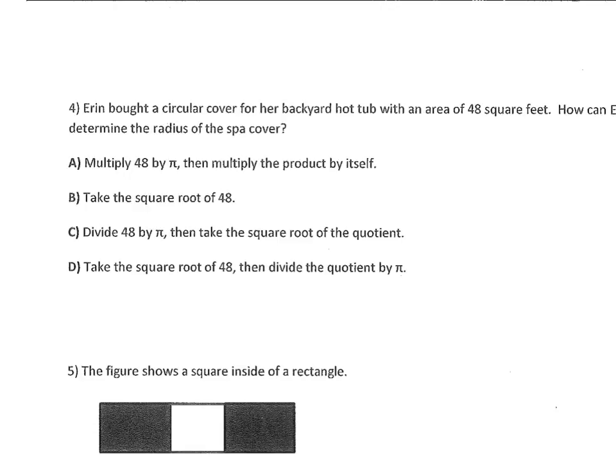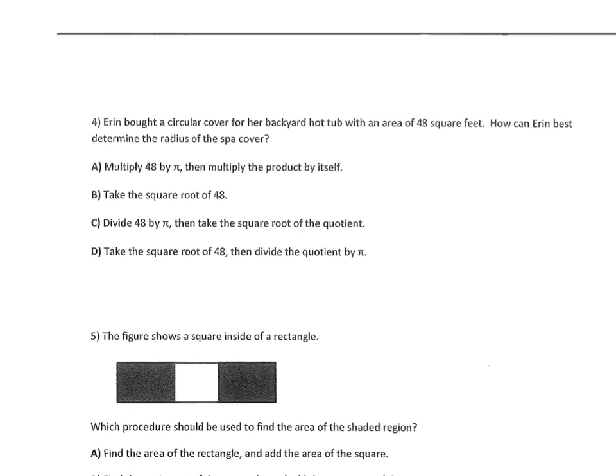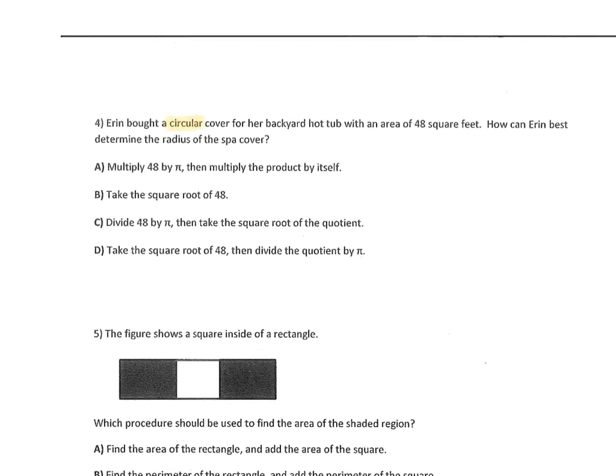Okay, number 4. Erin bought a circular cover for her backyard hot tub with an area of 48 square feet. How can Erin best determine the radius of the spa cover? So she has an area. The area of a circle is pi r squared.